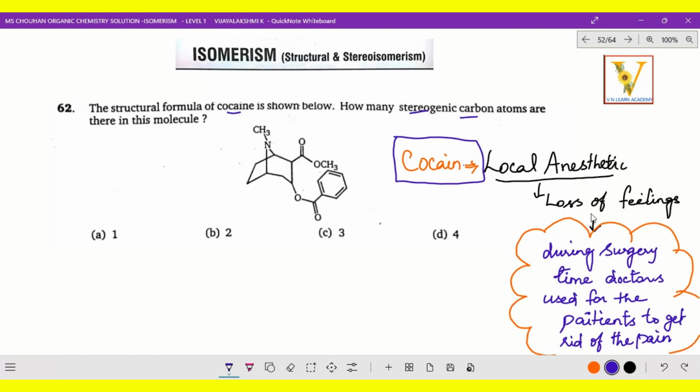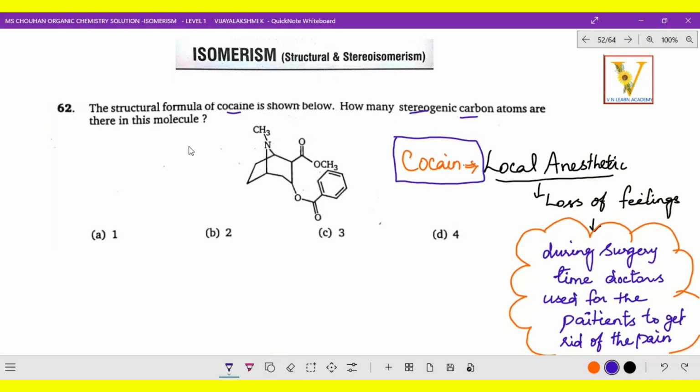What is the use? It causes loss of feeling. Before going for surgery, patients are given anesthesia, and they will not feel pain during the operation. So cocaine is one type of anesthesia, right?